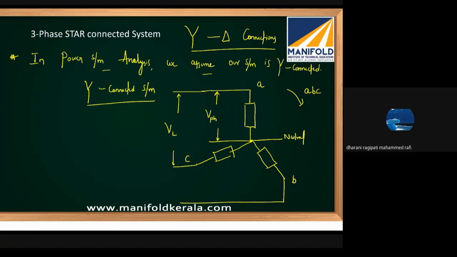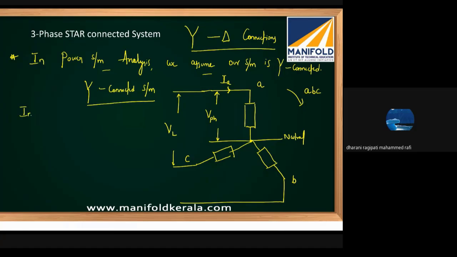Now the current through any phase in a star connected system, your phase current and line current are same. Understand?